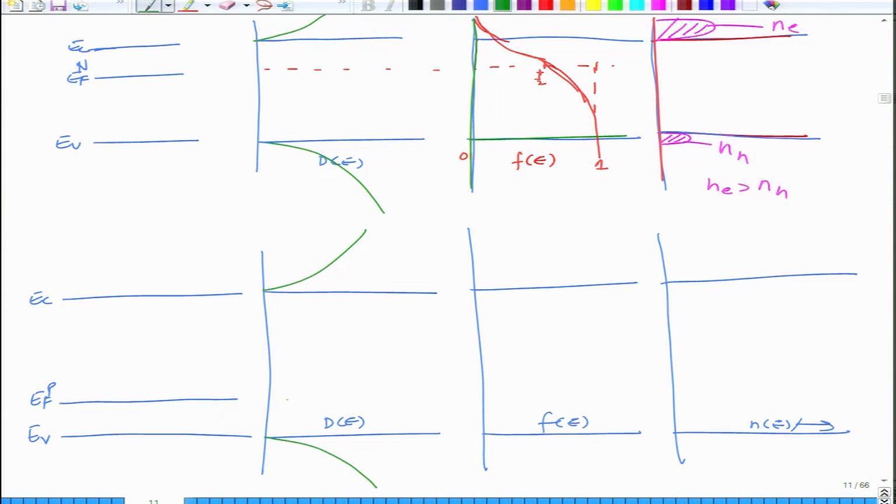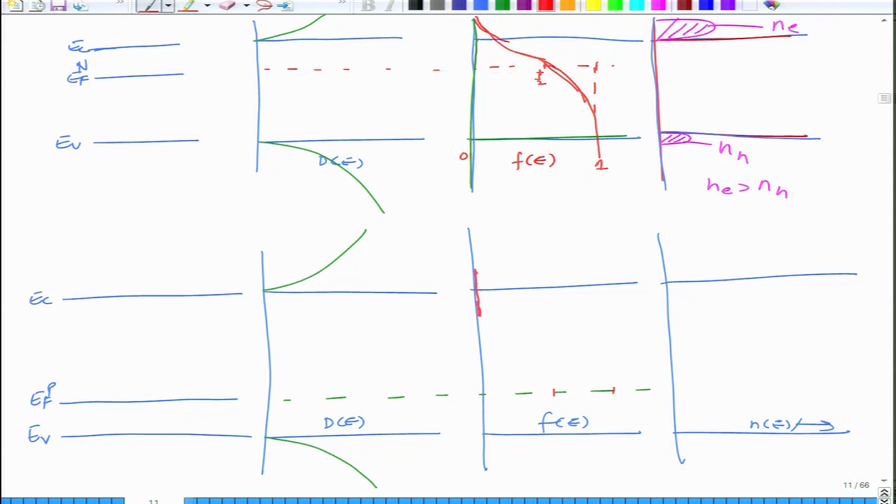In this case, now the Fermi level has come here. Now, you can see that if this is, let us say, 0, this is half, this is 1. Okay.